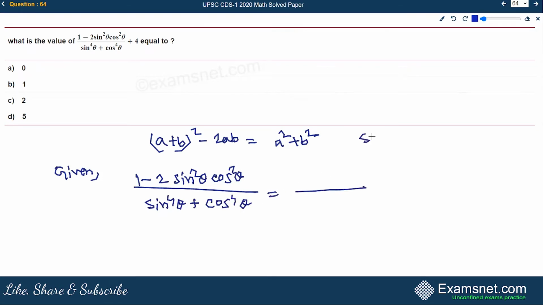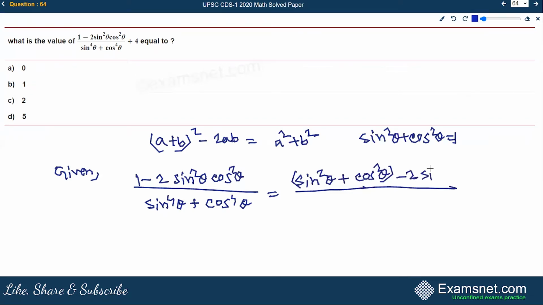Also we know sine squared theta plus cos squared theta equals 1. So in place of 1, we can write sine squared theta plus cos squared theta, minus 2 sine squared theta cos squared theta, by sine to the power 4 theta plus cos to the power 4 theta, and also plus 4.